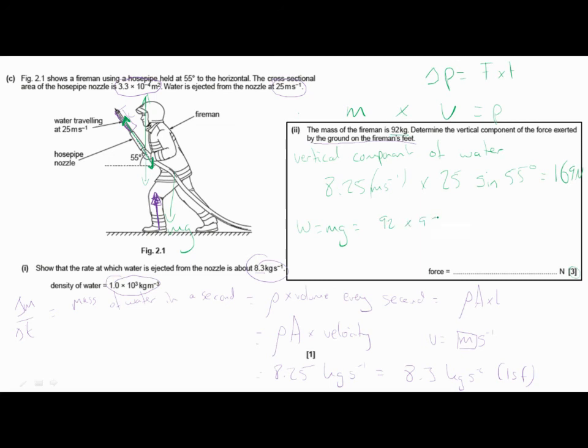And gravity is 9.8. So therefore, the total force is going to be equal to both of these things added together. So that's 903 newtons. So the total force is 169 plus 903, which equals 1,100 newtons.